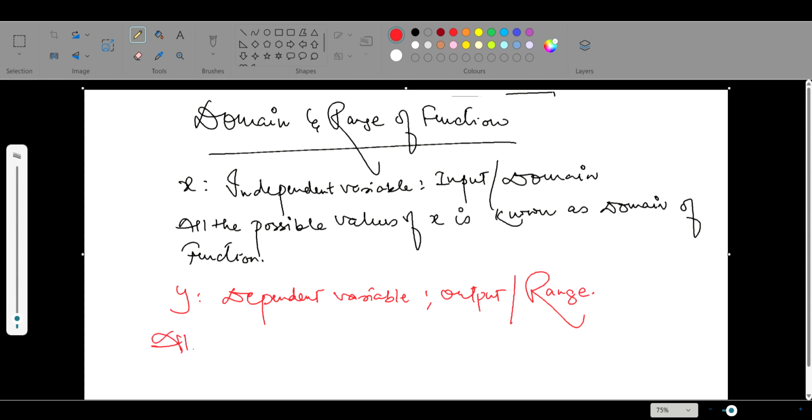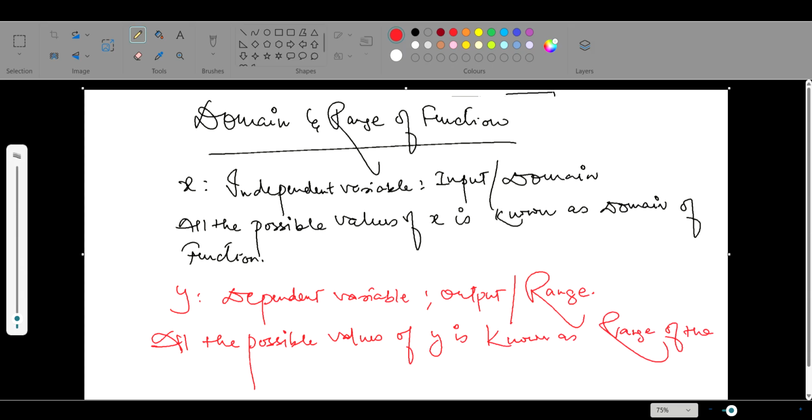So we call it all the possible values of y is known as the range of the function. Right. All the possible values of y is known as the range of the function.